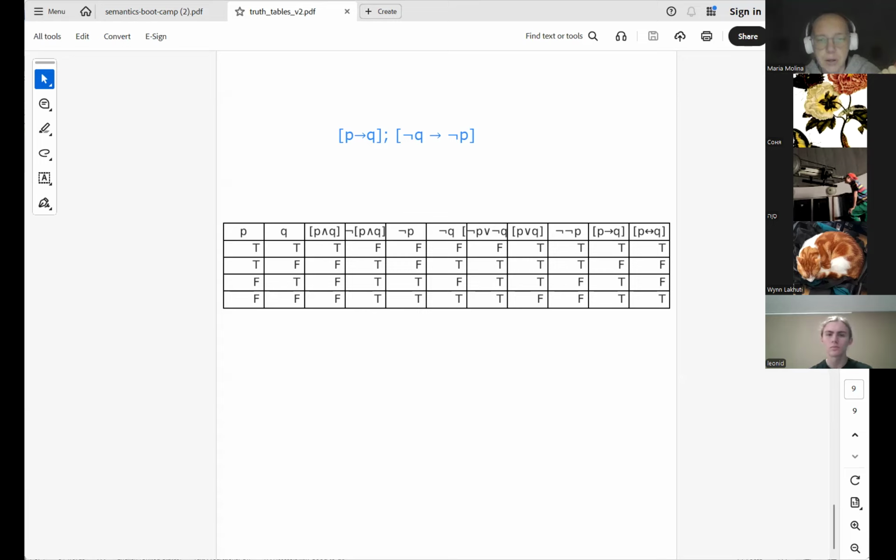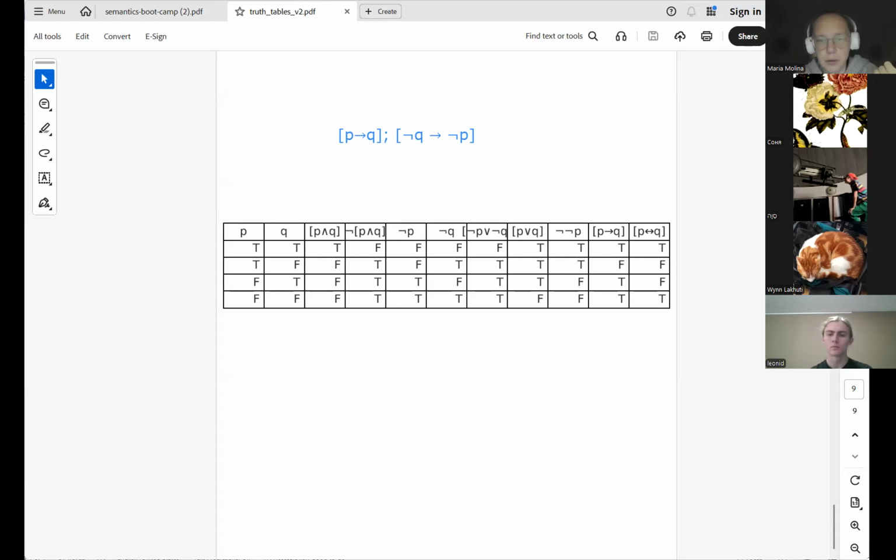De Morgan's law for disjunction would be the same, but with flipped operator. It's like not P and not Q.